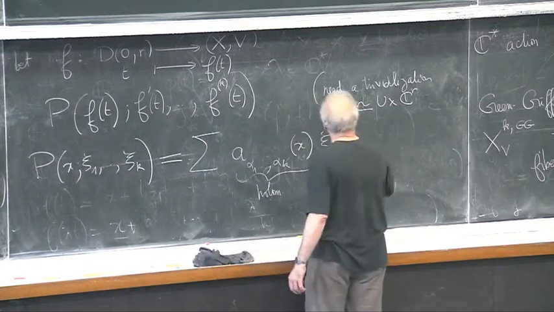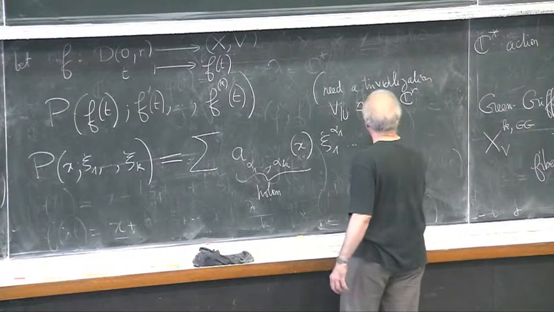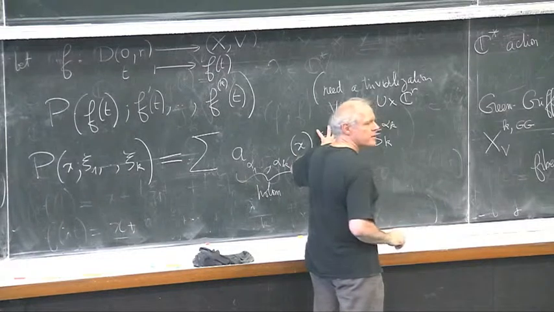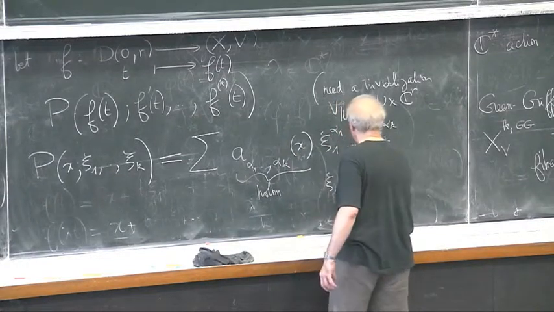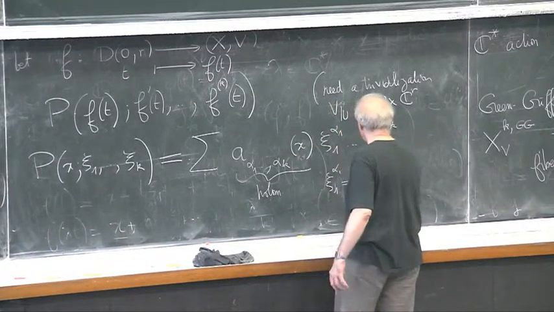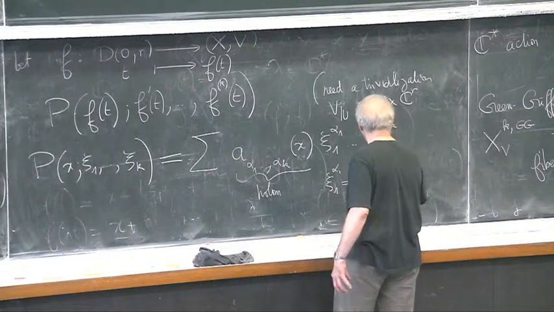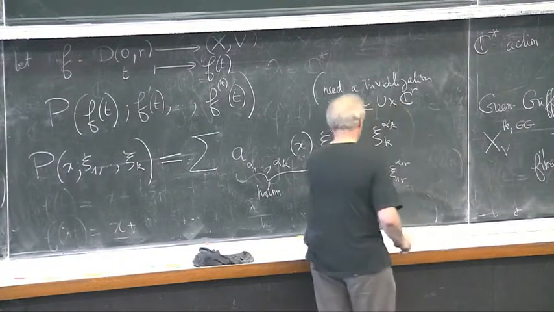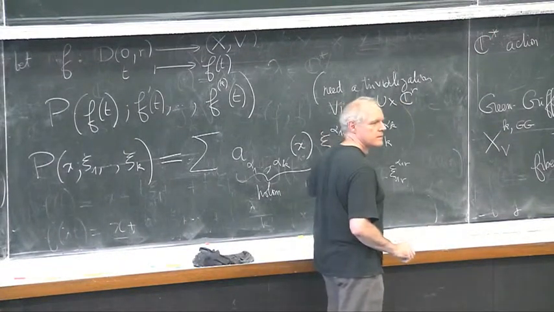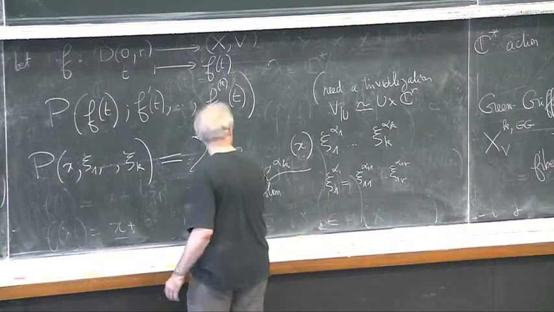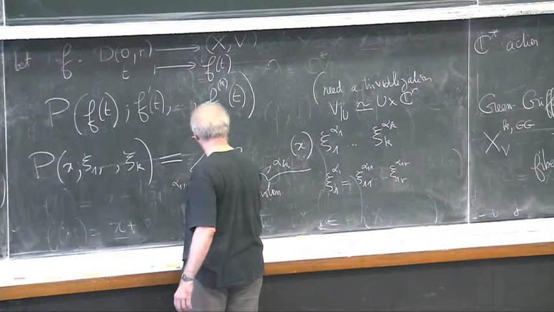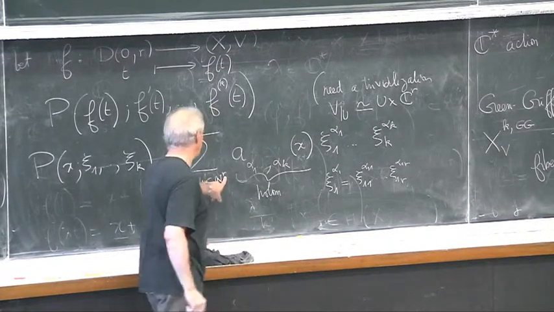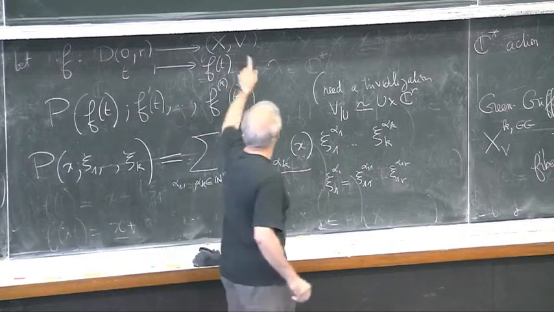So c_1^{alpha_1}, ..., c_k^{alpha_k}. Of course, this is a multi-index notation. So c_1^{alpha_1} should be something like c_{11}^{alpha_{11}}, ..., c_{1r}^{alpha_{1r}}, because this is an r-dimensional object here. So the multi-indices here are multi-indices of length r, where r is the rank of V.